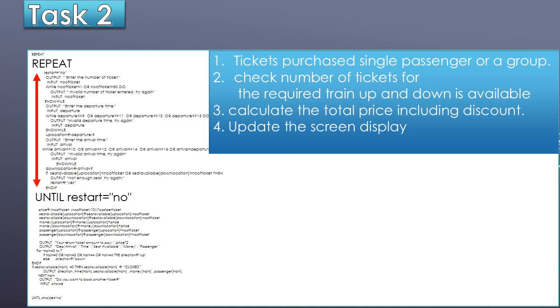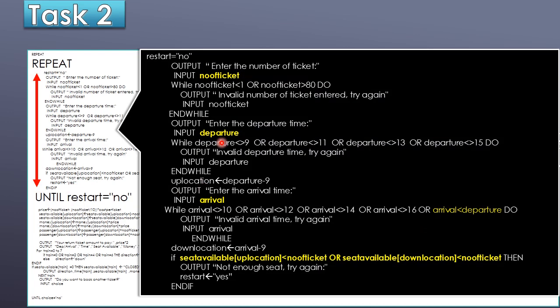The second repeat until loop structure is used to error trap or validate the three inputs, for example number of tickets, departure and arrival time. All three must be valid and appropriate.